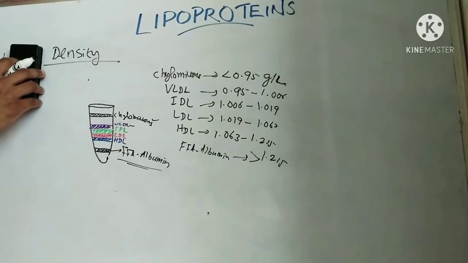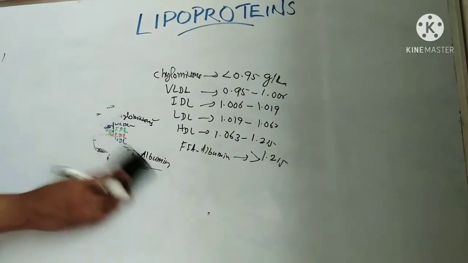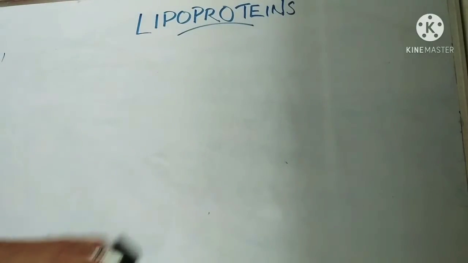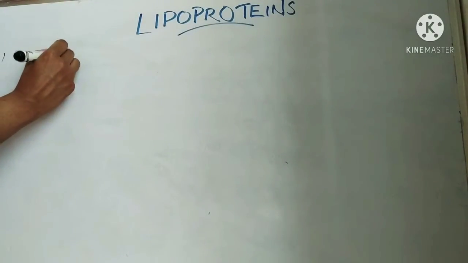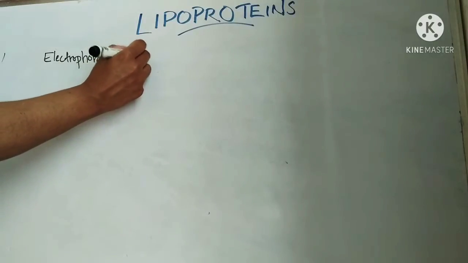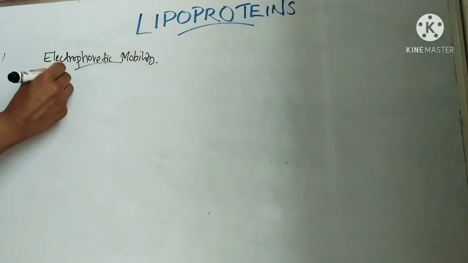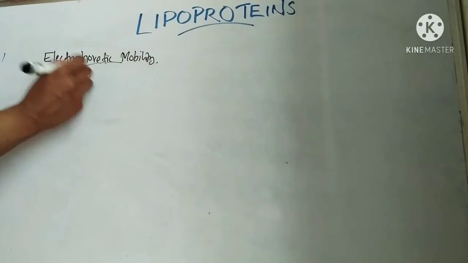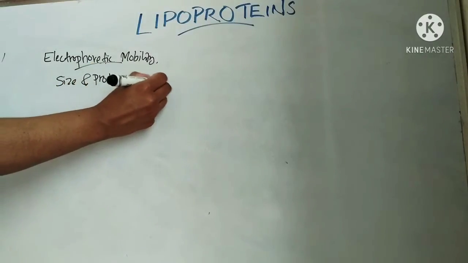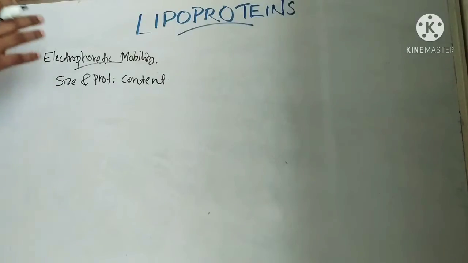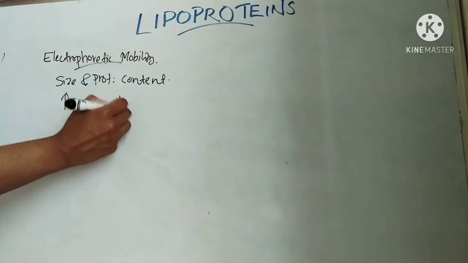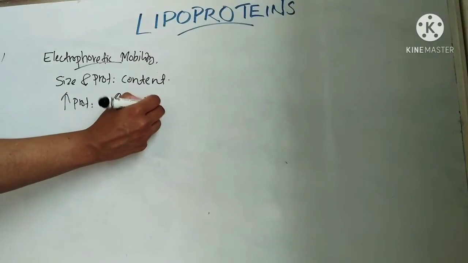Then the second classification is based on electrophoretic mobility, which depends on size and protein content. The higher the protein content, the higher the mobility.